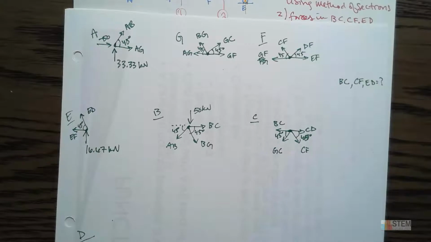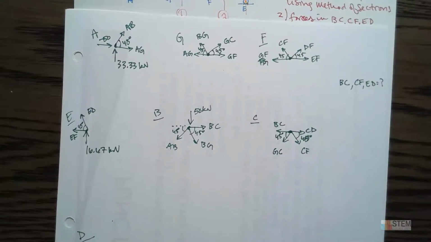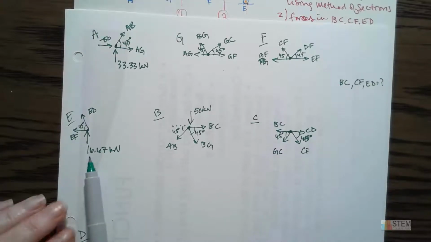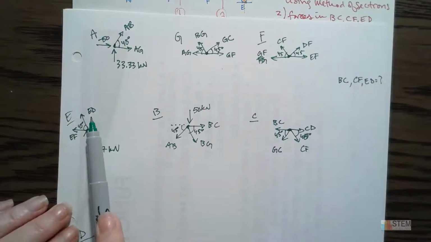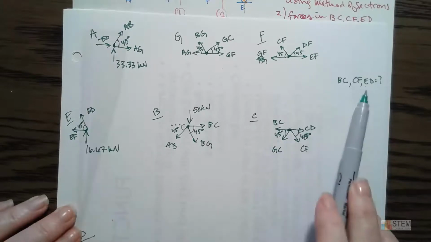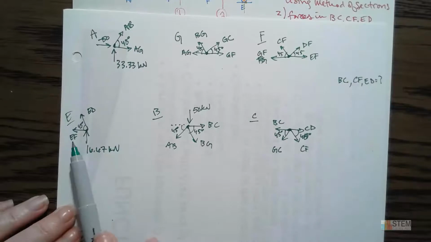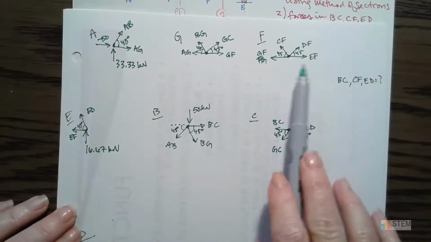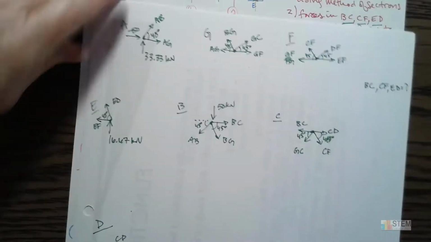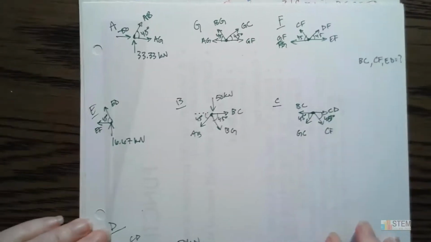We don't have distances and stuff like that to calculate moments. So I'm going to go ahead and start with E, and if I do that, I'll be able to solve for ED. Okay, and then that's one of the things we want to find. I can also solve for EF, and then we can put that up in some of these others if we need to, and go from there. So let's start with E here.